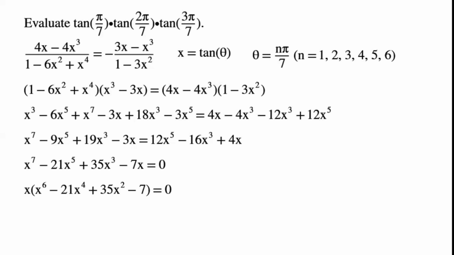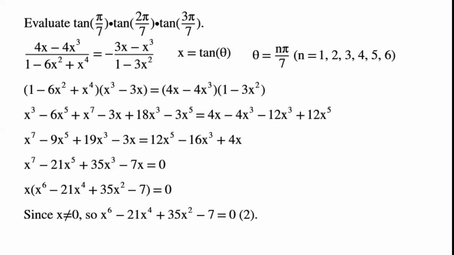We can factorize this equation and write x times x to the power of 6 minus 21x to the power of 4 plus 35x squared minus 7 equals 0.